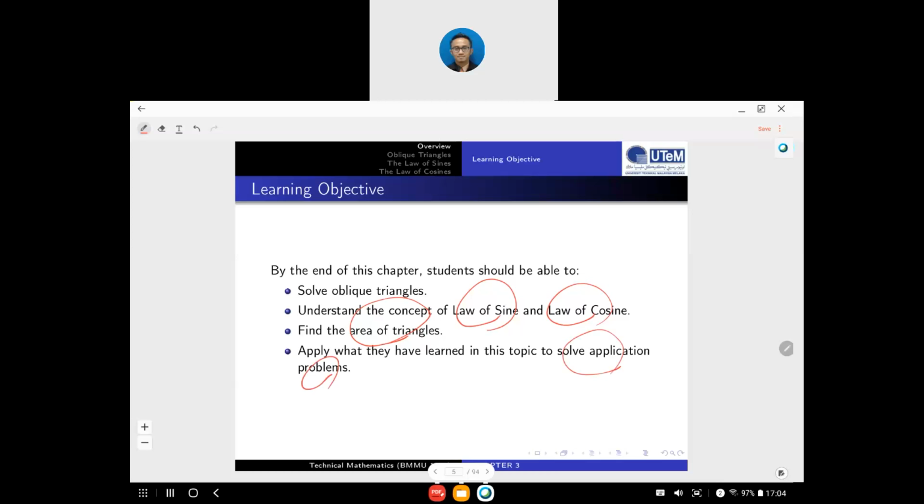These are application problems involving trigonometric equations or trigonometric identities, and we apply the trigonometric identities. This continues from chapter 2, analytic trigonometry.